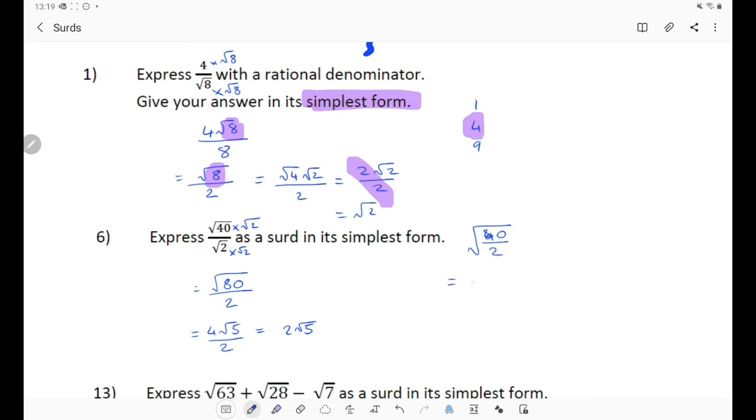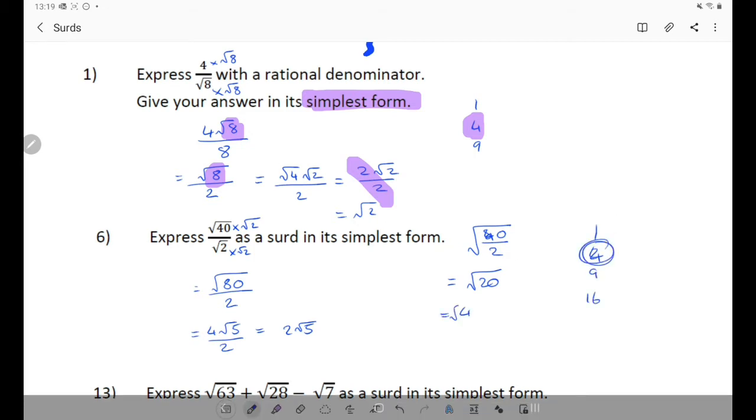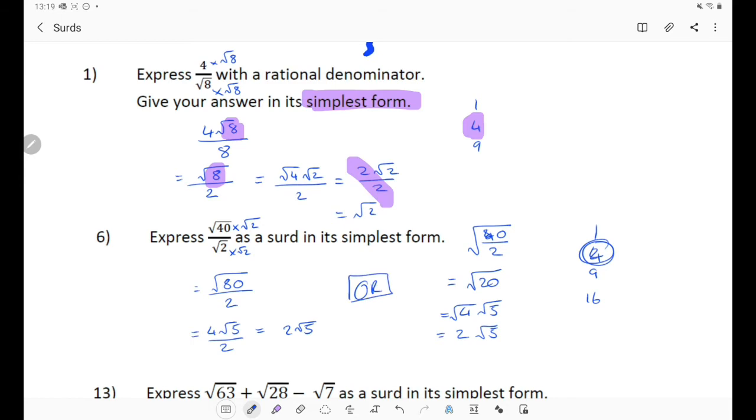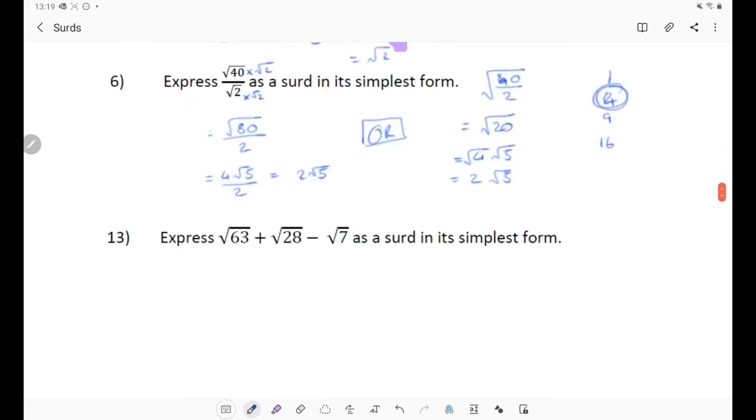So we'd have had root 40 over root 2, which gave us root 20. And then we would have simplified. And we'd have got the same answer. But you can see that there's multiple ways to do it. There's not one correct way. It's entirely your choice. Okay?